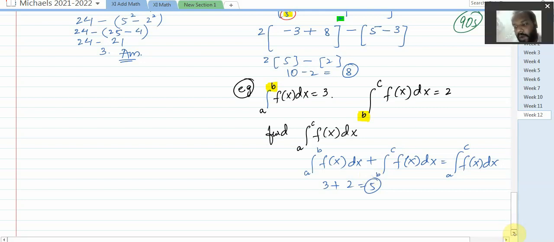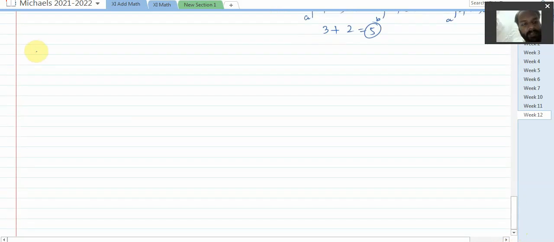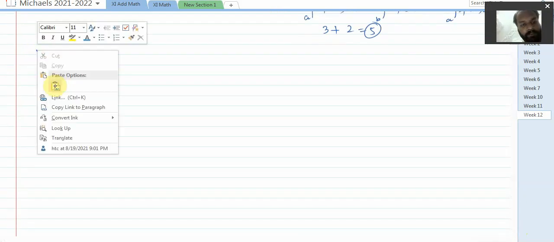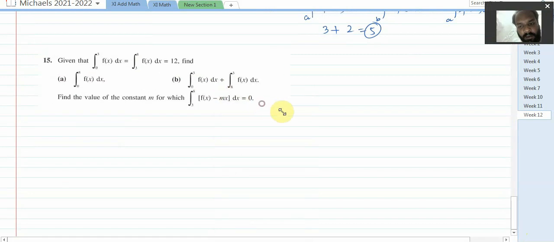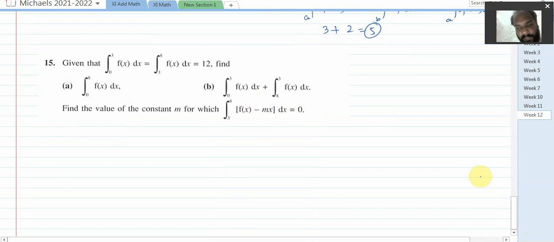Moving on to the next question of your exercise 20.2. That is your question number 15. Given that integration from 0 to 3 f of x dx is equal to the integral from 3 to 8 f of x dx is equal to 12.